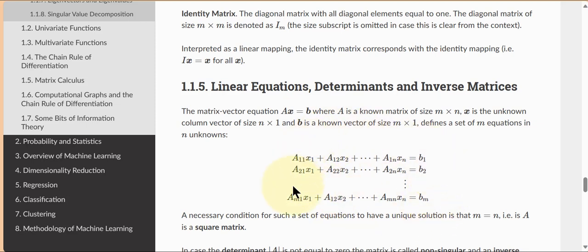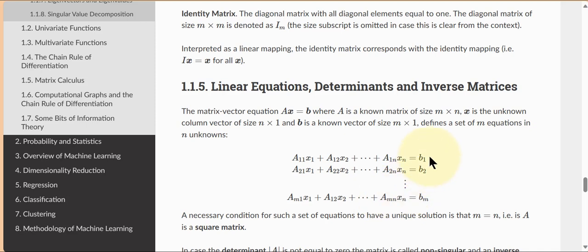But this, of course, we can view as a system of equations, and these are linear equations because there's no square on x1, there's no square on x2, there's no square anywhere, and so on. So these are linear equations. So this is a system of linear equations.